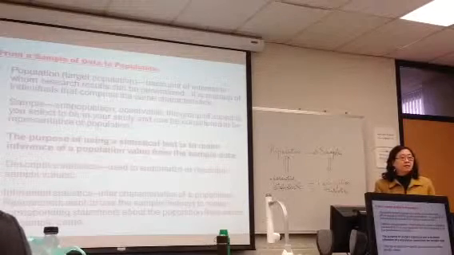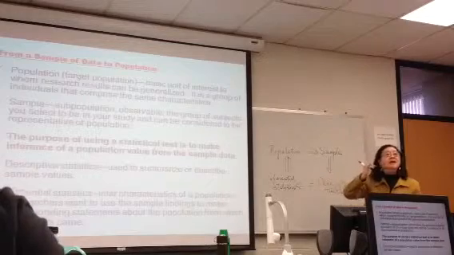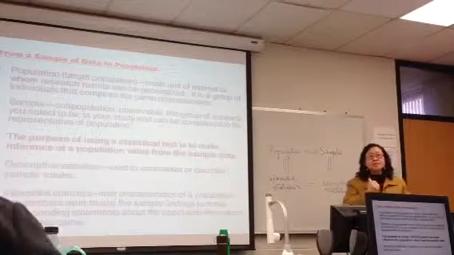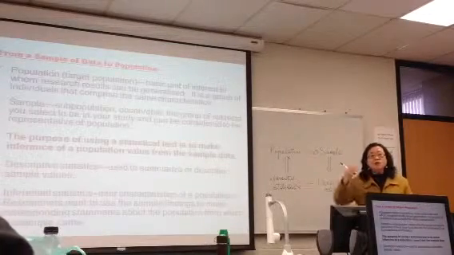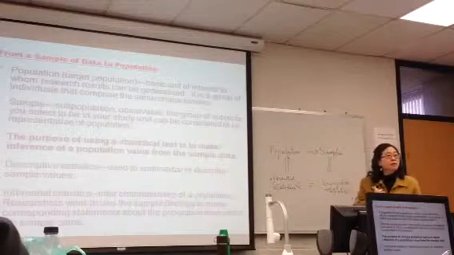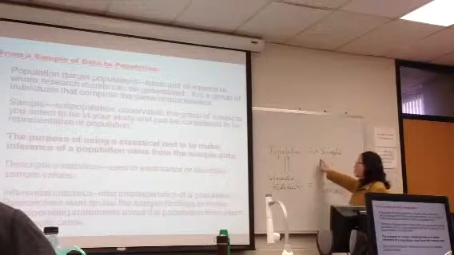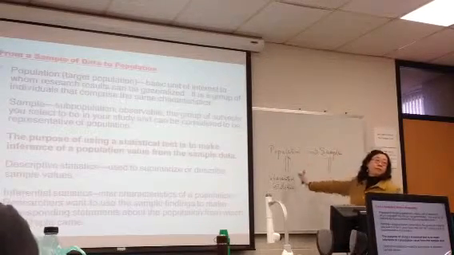So you need to use some type of likelihood. This is a statistics word, likelihood or probability, to determine whether this relationship you found from your sample exists in the population.